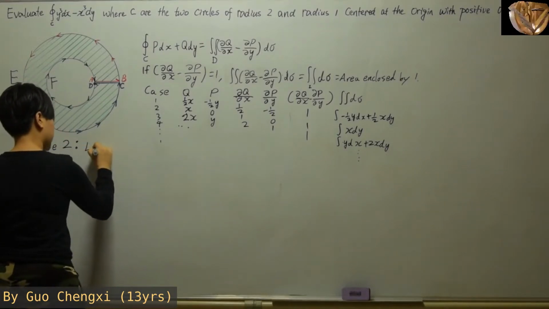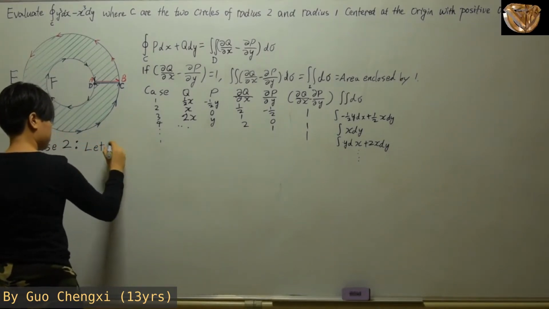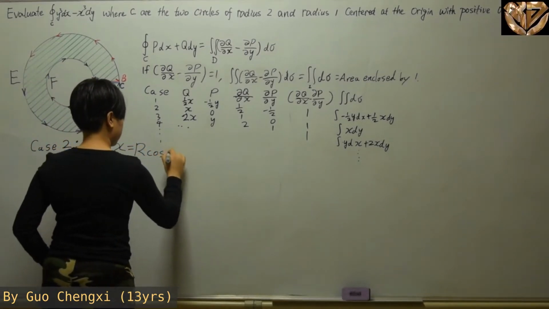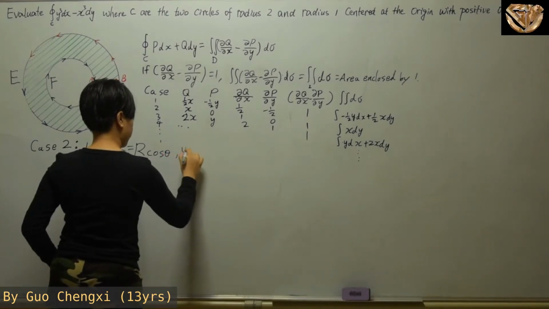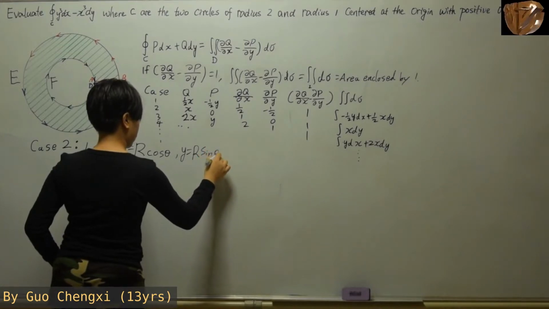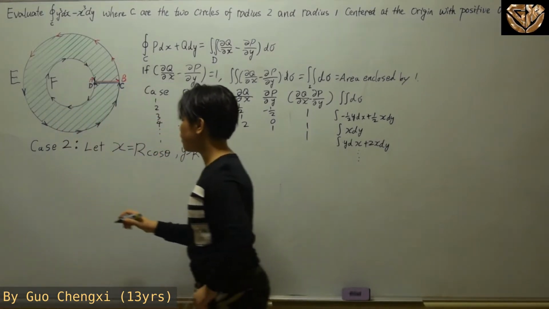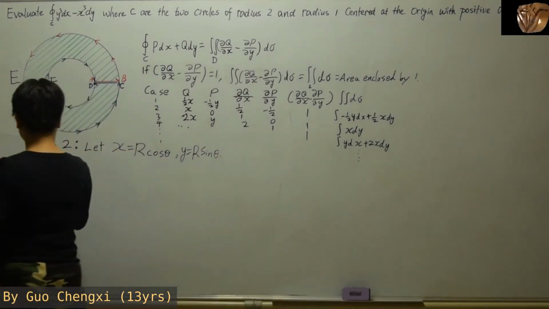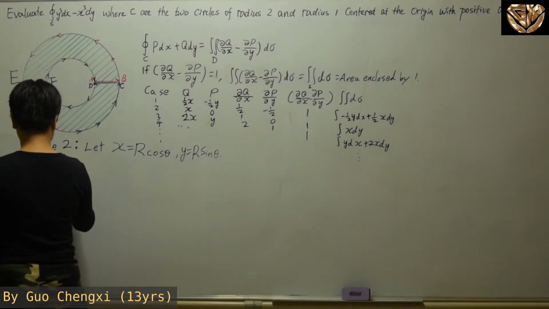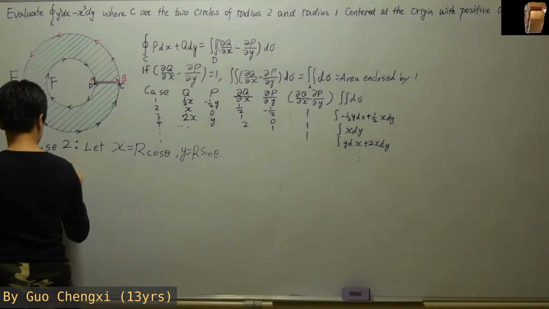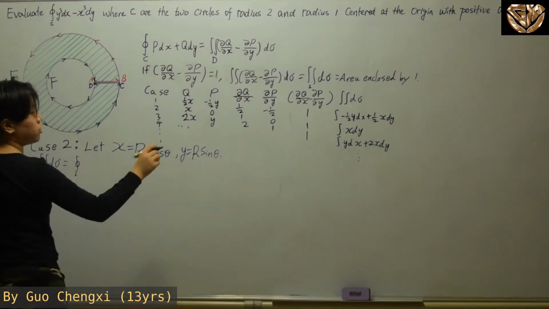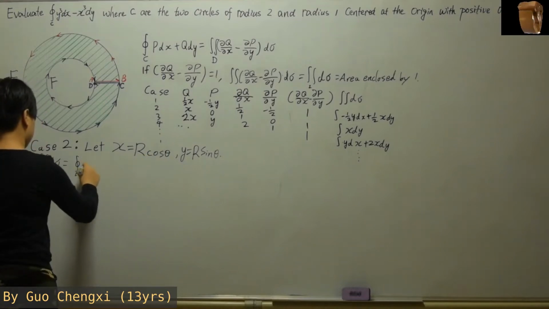Here we're going to let x equal r cosine theta and y equal r sine theta. So for this part, here you have our case of x dy.